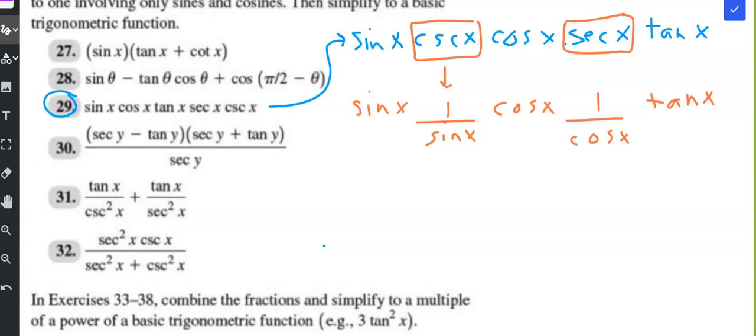Anything cancel out? The sines and the cosines, exactly.